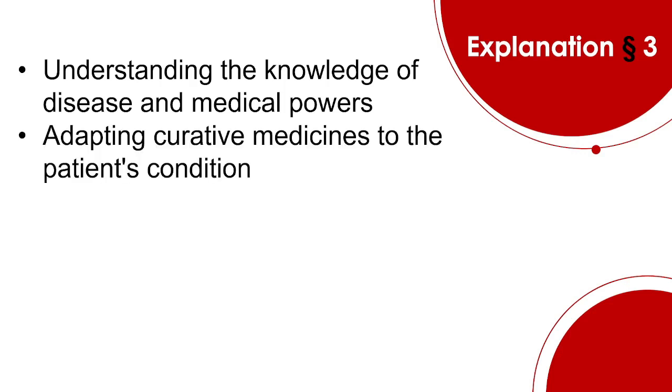Next, adopting curative medicines to the patient's conditions. Here Hahnemann is giving importance to the medicine. A physician should have a deep understanding of the medicines available to them, whatever their curative properties for a certain disease or condition the patient came with.